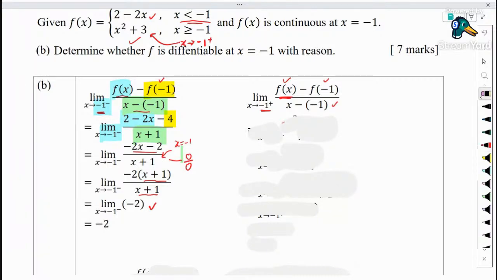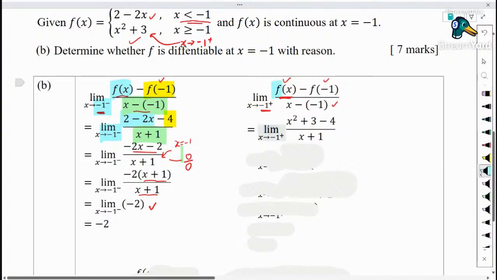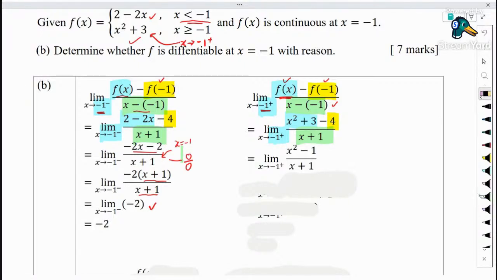It should give me the following result. So again, we check the change of functions for -1 plus. Substitution of f(-1). Simplify denominator. Then once again, we simplify our function on the numerator.